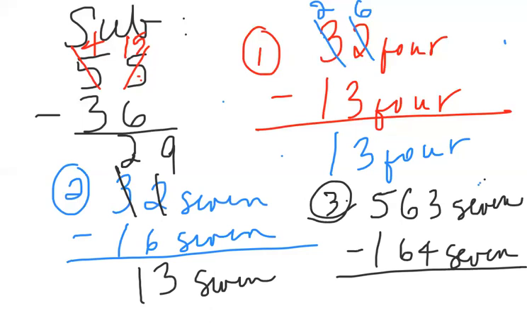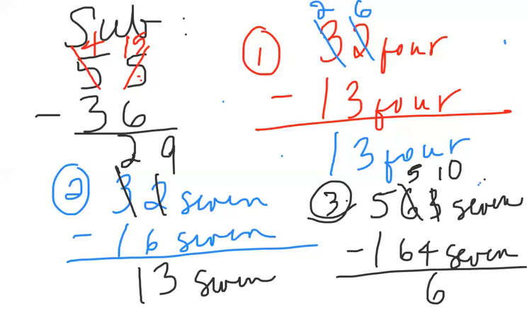So this becomes 5, and this becomes 10. Yes, it becomes 10, Alicia. Now we subtract 10 take away 4. That's 6. Now, guys, we move over to the next column.